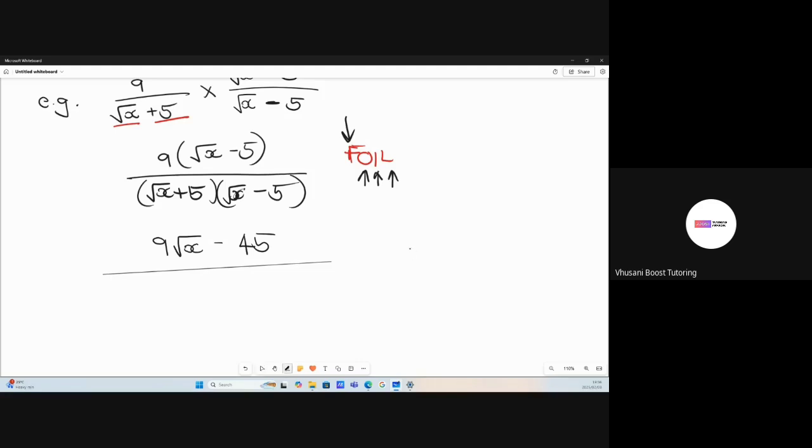Now in the denominator, we start with the first two: the square root of x multiplied by the square root of x gives us just x. Perfect. Then we go to the outer two: the square root of x multiplied by negative 5 gives us negative 5 root x.